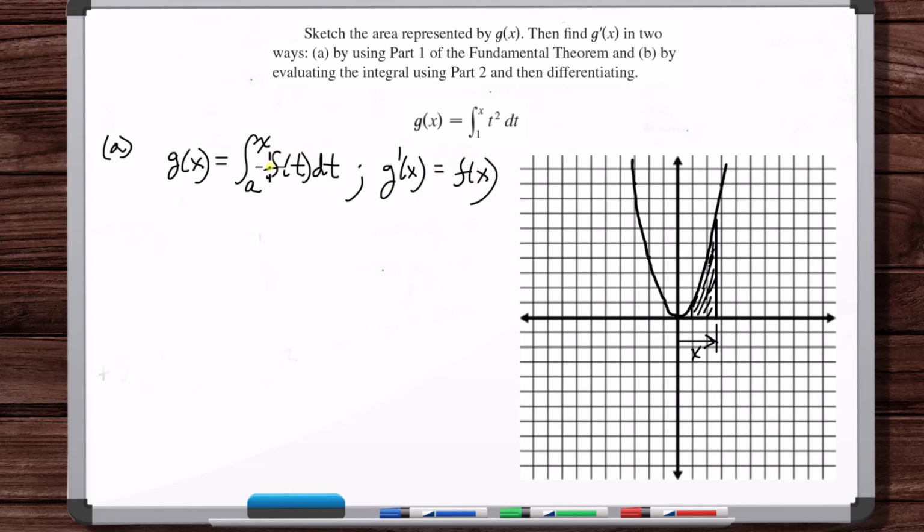Now, there is one requirement. The requirement is that the function f of t has to be continuous between a and x. But t squared is continuous over its entire domain, so there's no issue there. And so with that, we can say that g prime of x is equal to x squared.